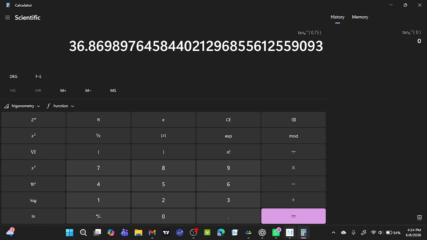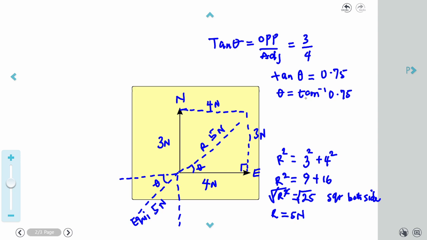Back to the board. So tan inverse of 0.75 would be 37. So we have here to be 37 degrees, and here will be 37 degrees on the principle that opposite angles are equal.